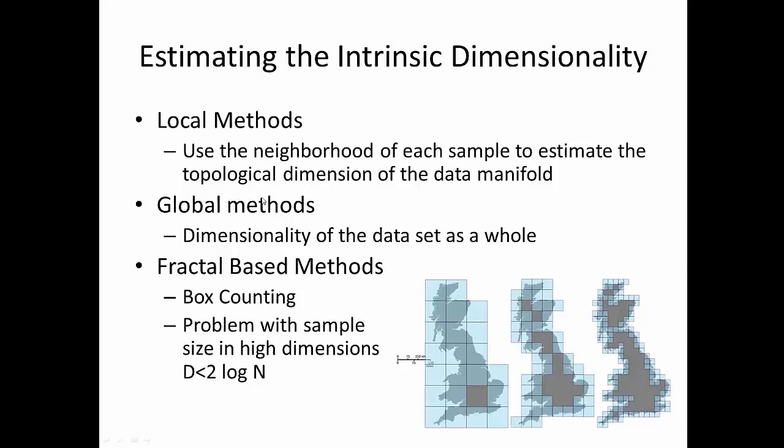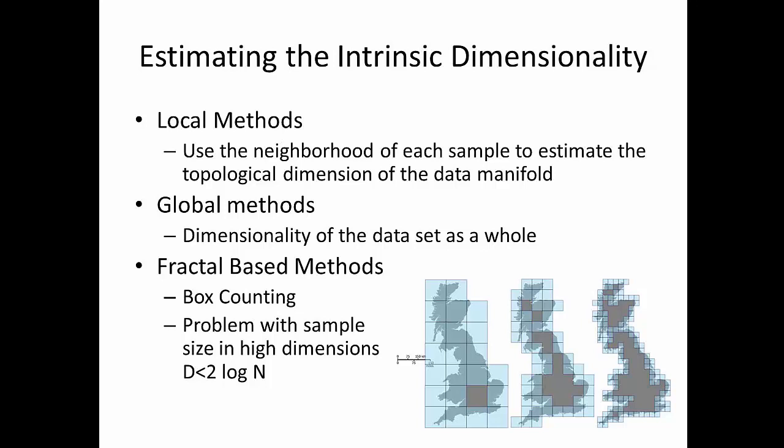They can be broadly classified into three. Local methods use local information, looking at the nearest neighbors of each sample to try to estimate the topological dimension of the data's manifold embedded in the very high dimensional space.